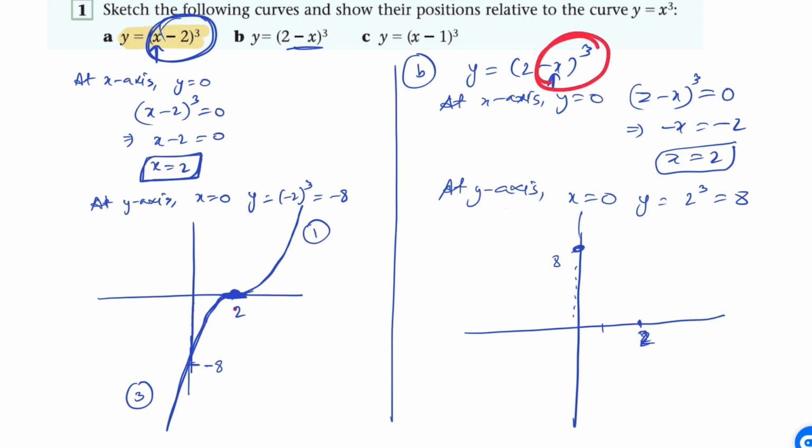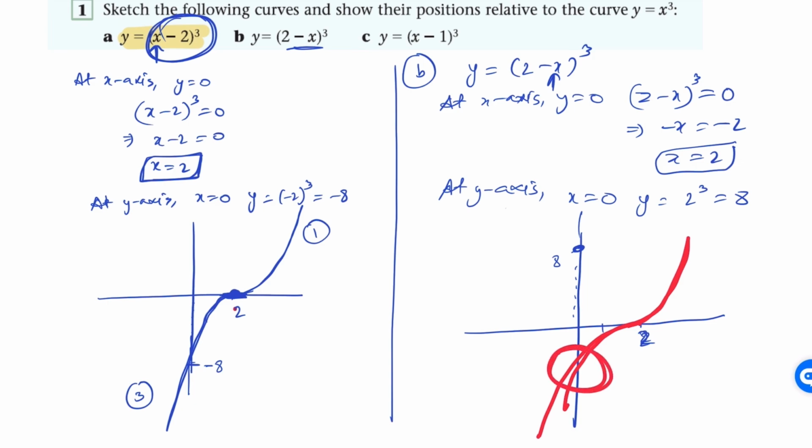So since this is negative x cube, you cannot draw like the previous one. First of all, we don't have a cutting point at the negative y-axis. We have a cutting point at the positive y-axis. First problem. Second problem, the curve is supposed to be on the second and fourth quadrant, not on first and third, because x cube is negative.